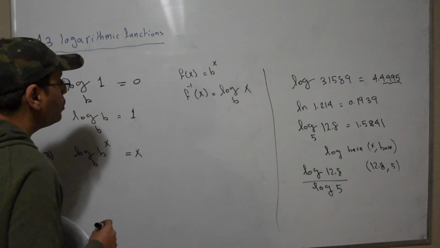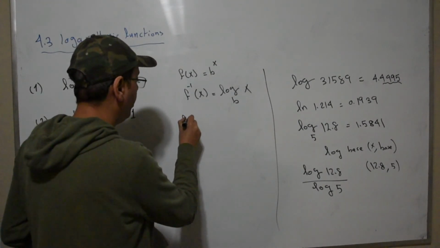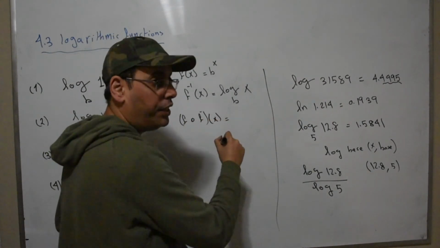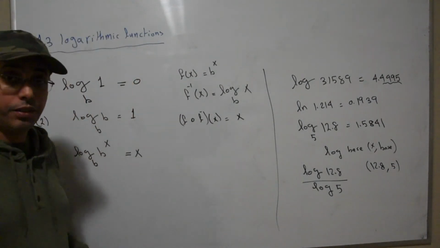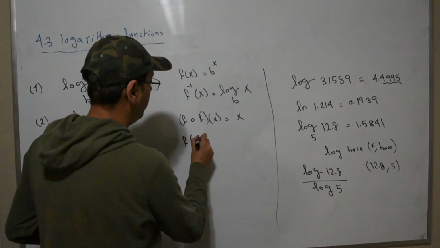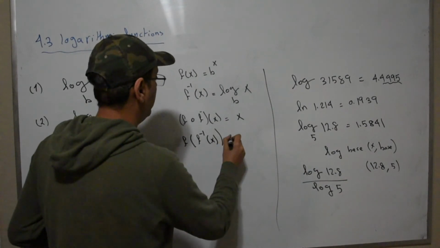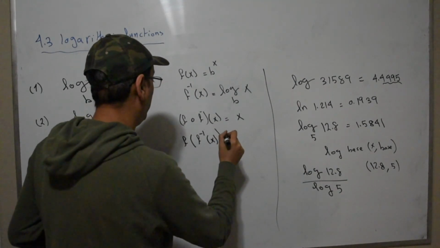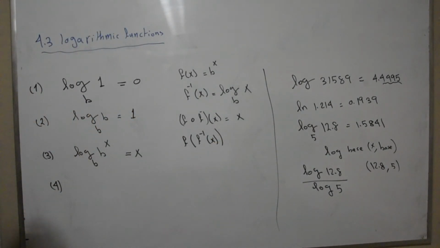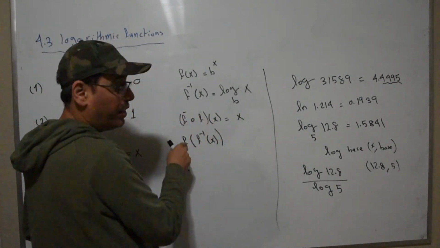Basically, I know that when I have two inverses, f composed with f inverse of x must be x. Correct? So let's write this down. I'm going to switch it and call this one first, but we're going to use this rule anyway.